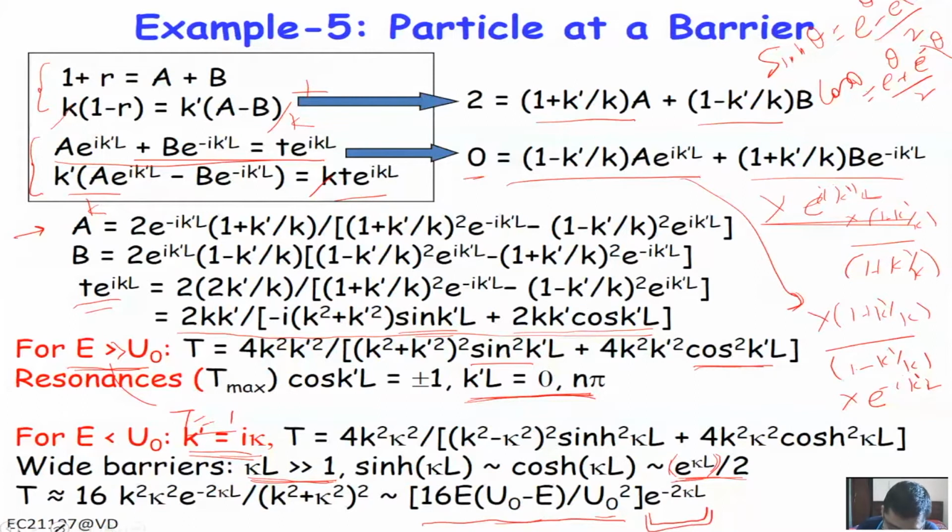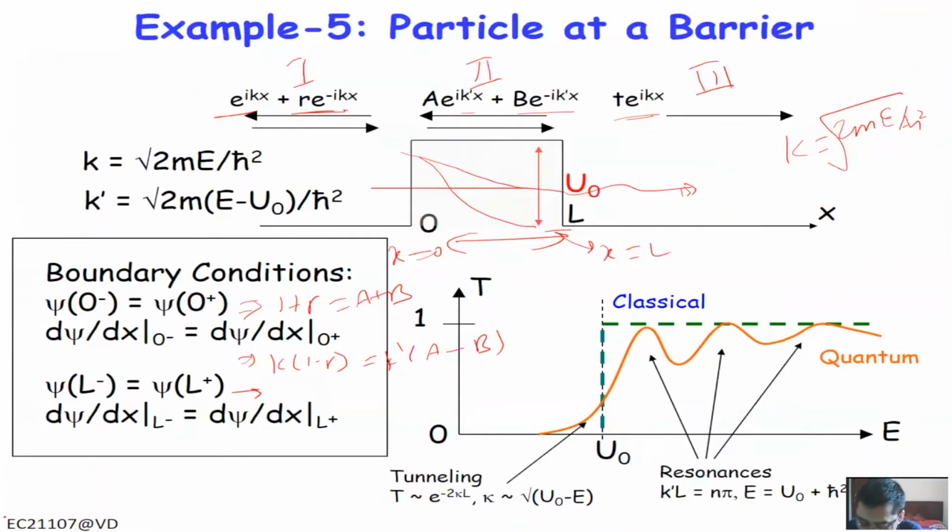Now let us look at this plot here. Again, for classical, if energy is less than U naught, no transmission. If energy is more than U naught, perfect transmission, right? In case of quantum, if energy is less than U naught, there is a finite probability that these waves can propagate.